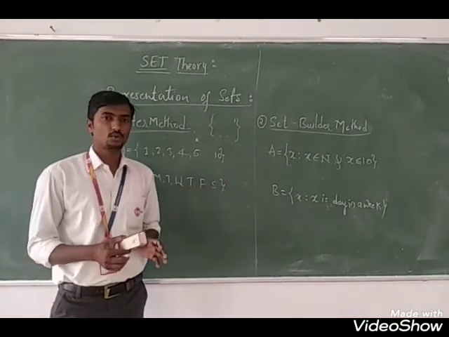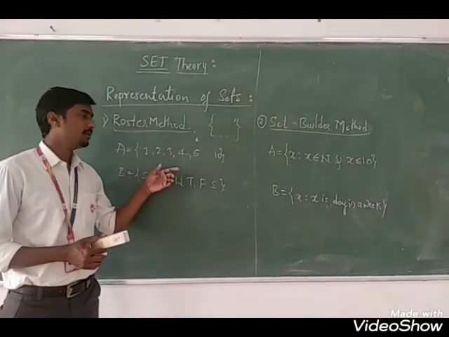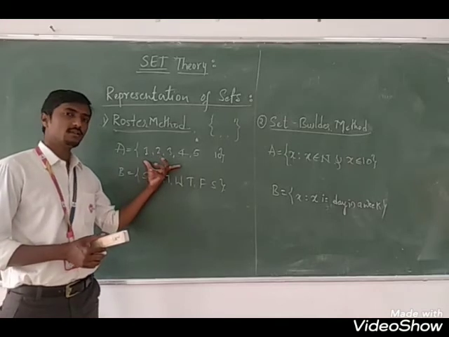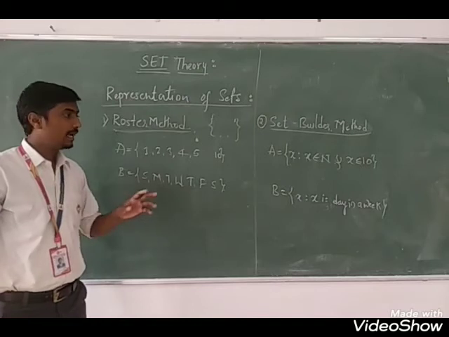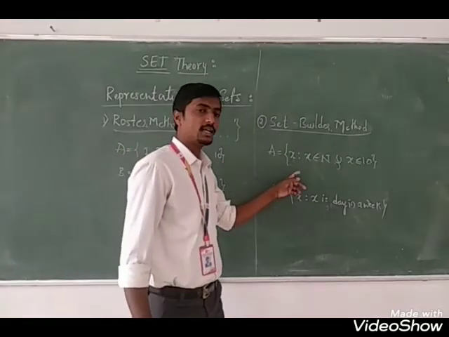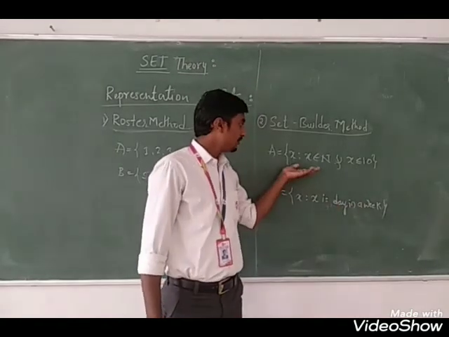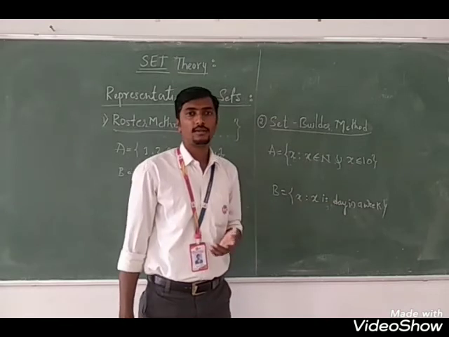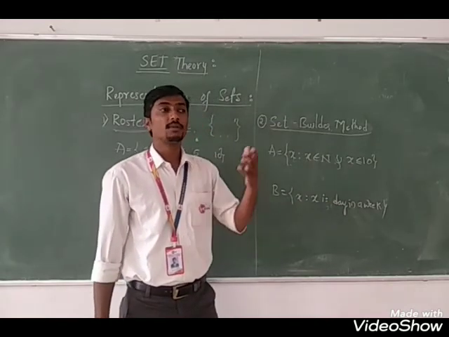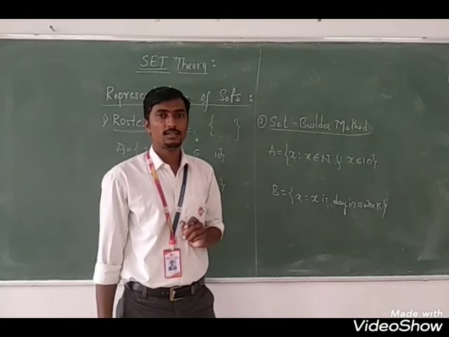So remember these two points. The first is the roster method, where we list the elements directly, separated by commas. The second is where we collect the elements by stating a common property which all elements of this set satisfy, but no element outside the set satisfies.